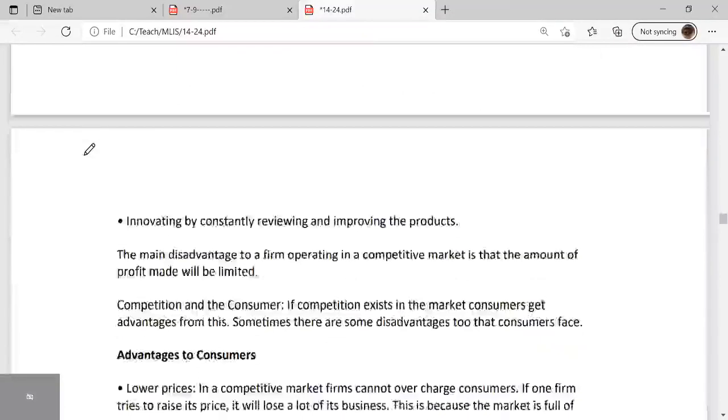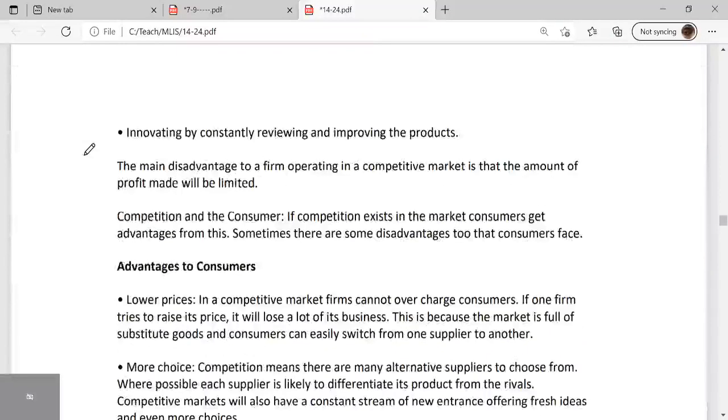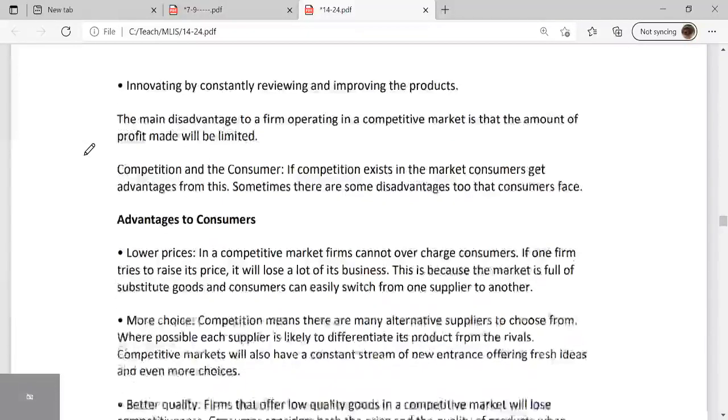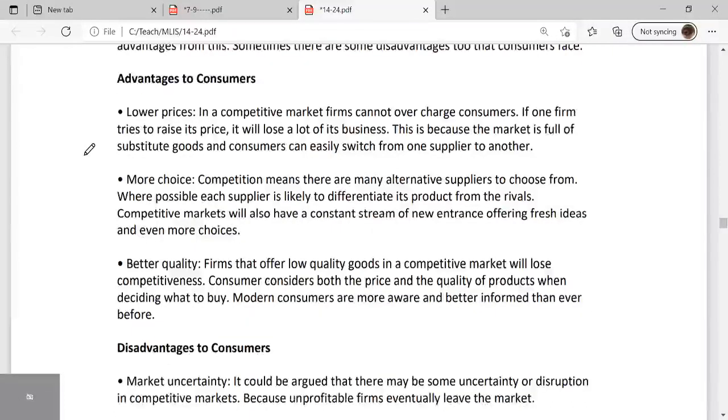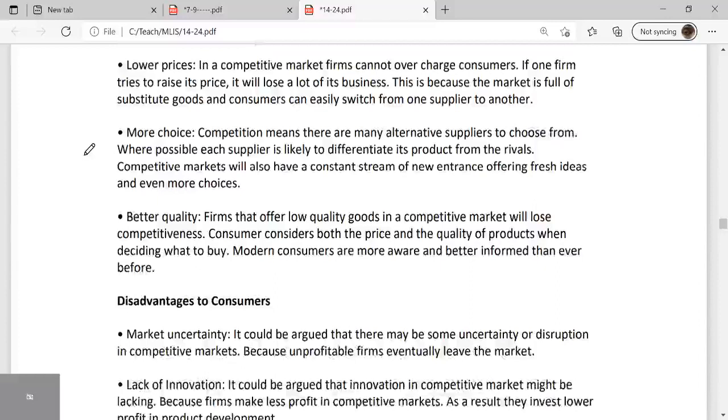They will also go for innovation, coming up with new varieties. So this is very beneficial for the consumers, who will enjoy lower prices, a high level of choice, and better quality.